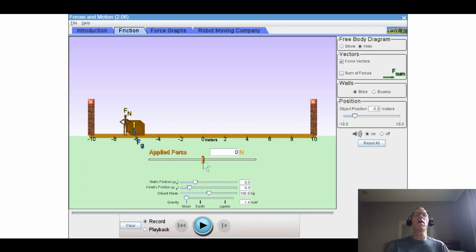So let's see about applied force. Even though we're on the moon, we apply a tiny force, and still the box doesn't start to accelerate. Now, not even at 100 newtons, we've got the box to start accelerating. Notice that the frictional force is tiny. I stop pushing.